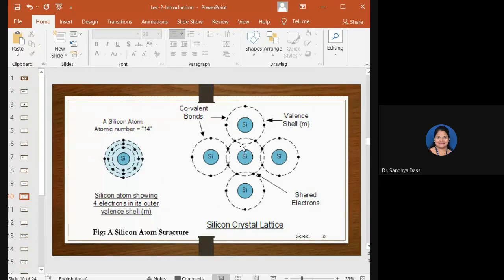So as the electron is moving, there is a movement of holes in the opposite direction, right? So that is what we call conventional current. The movement of holes is nothing but conventional current, right? Which is opposite to the direction of the flow of electrons. Okay, so this point has to be made clear.